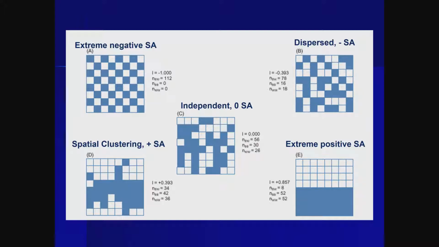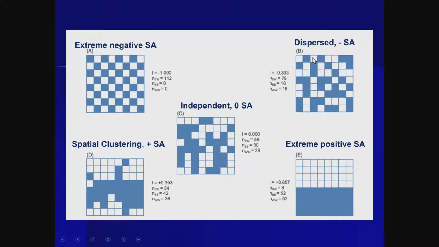Not much spatial clustering would be negative. No spatial clustering is independent. Yeah, so the independent example is truly random.